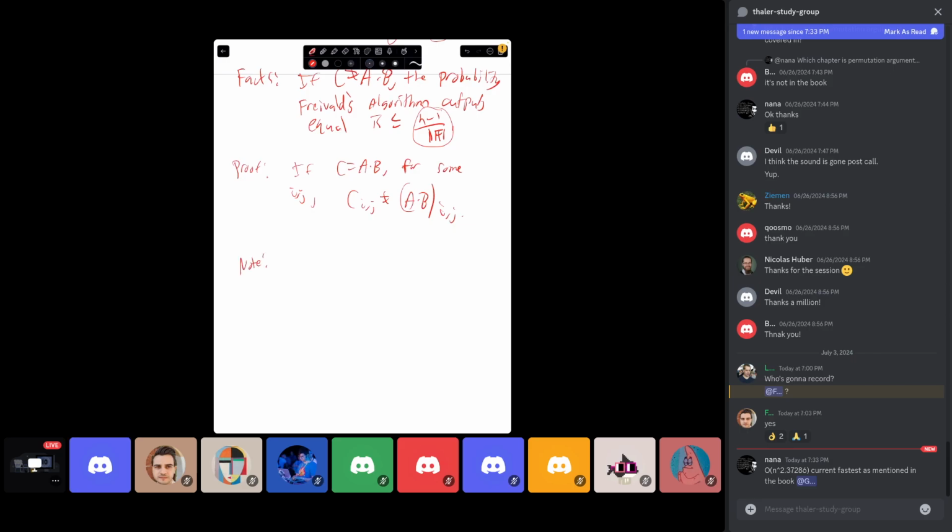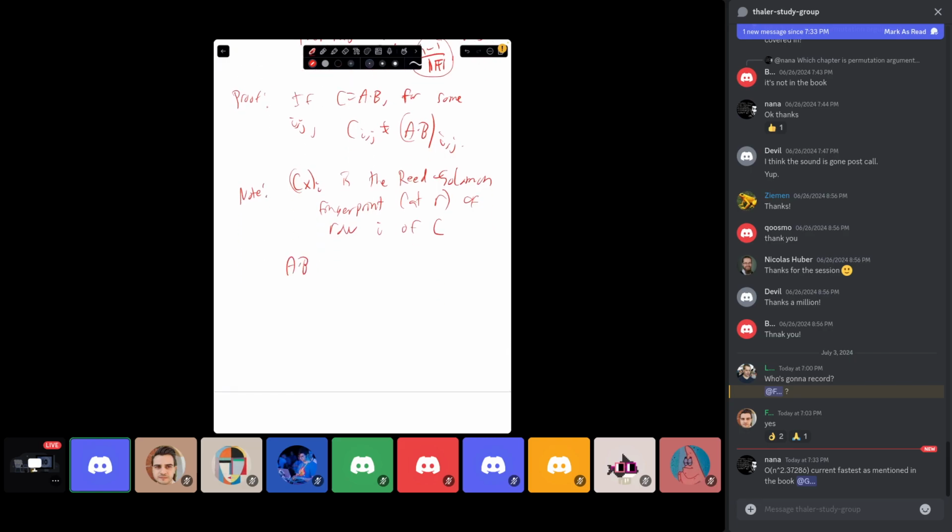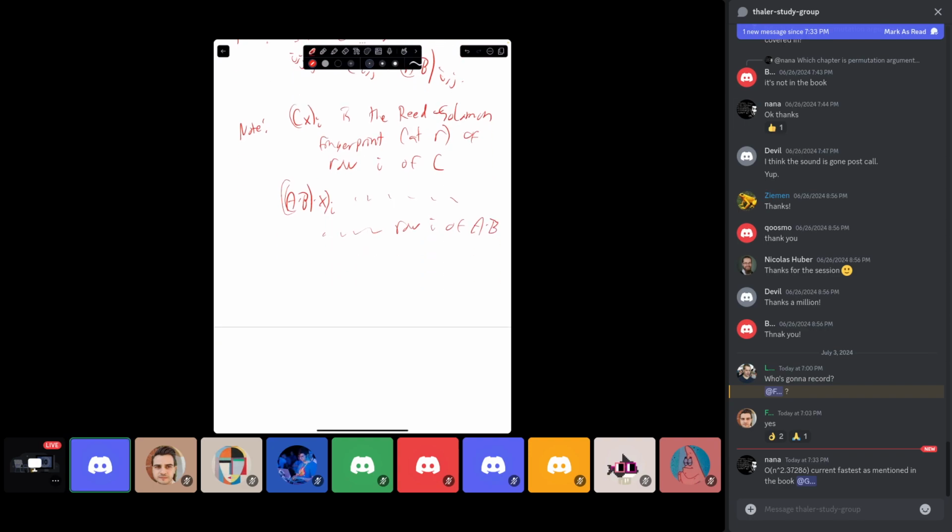So note the ith entry of Cx is just the Reed-Solomon fingerprint at R of row I of C. And similarly, the ith entry of A times B times X is the Reed-Solomon fingerprint of row I of A times B. That's because, remember, the ith entry of Cx was just the sum over the entries of the ith row of C, of Cik times xk.